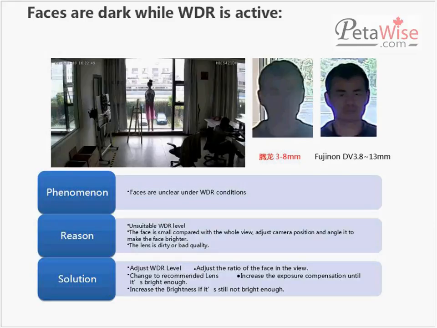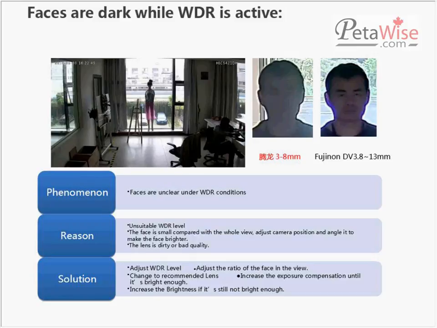We want to be able to make out details on the faces. Really, the first thing we can recommend with this scenario is to think carefully about where the cameras are installed if you're going to need to use this sort of facial capture WDR system. We recommend the cameras be installed as high as possible, looking down onto the faces to get the best quality image.